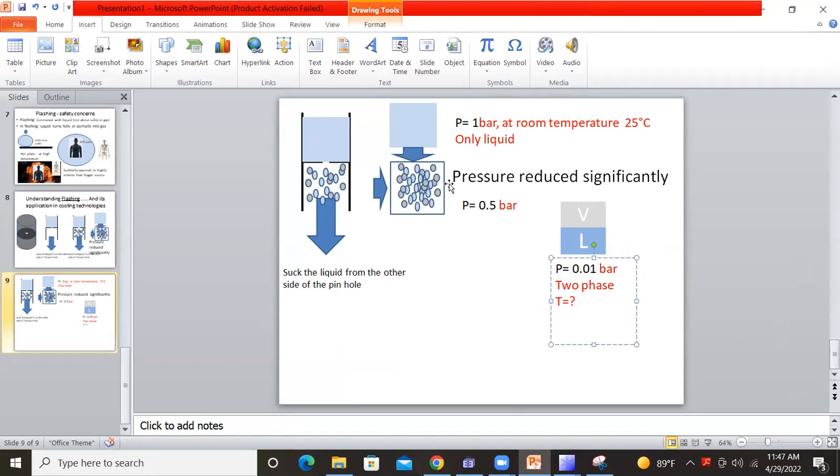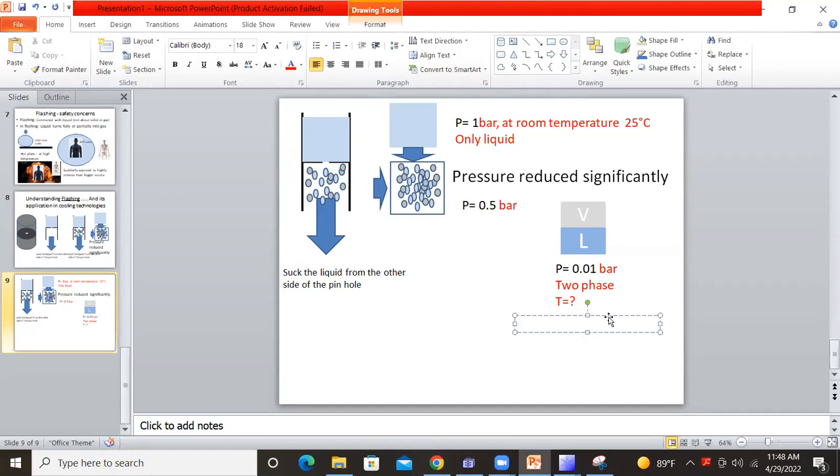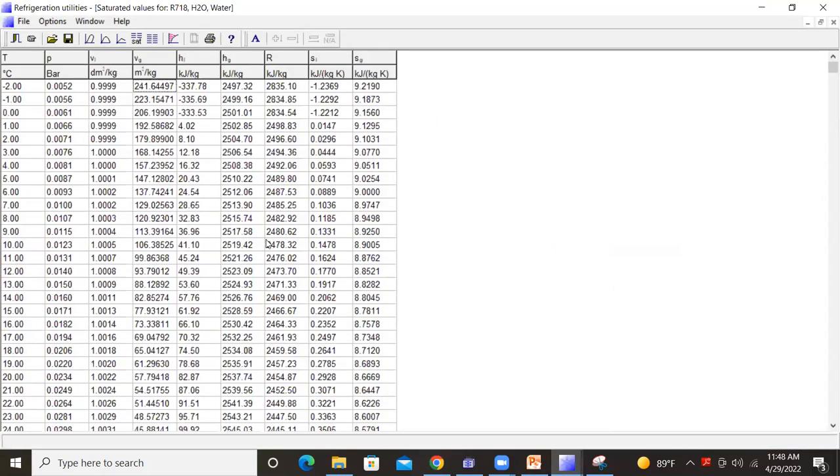This is water. You can go to the table, saturated values for water. So pressure drops to 0.01 bar. At 0.01, you can see 7 degrees Celsius.